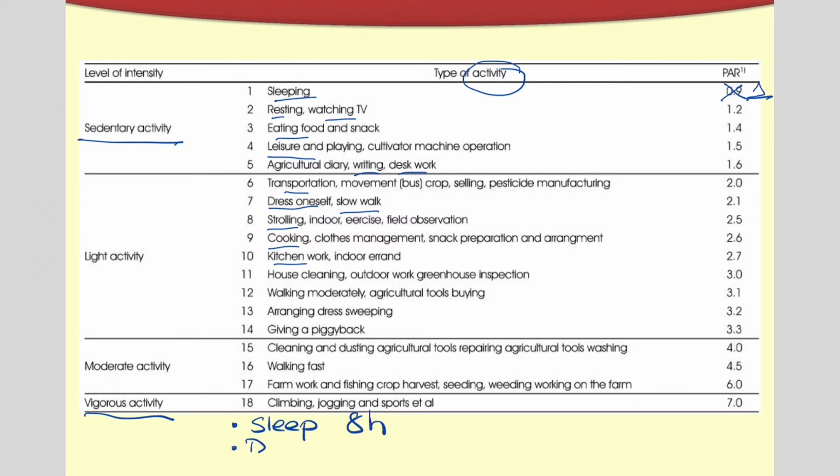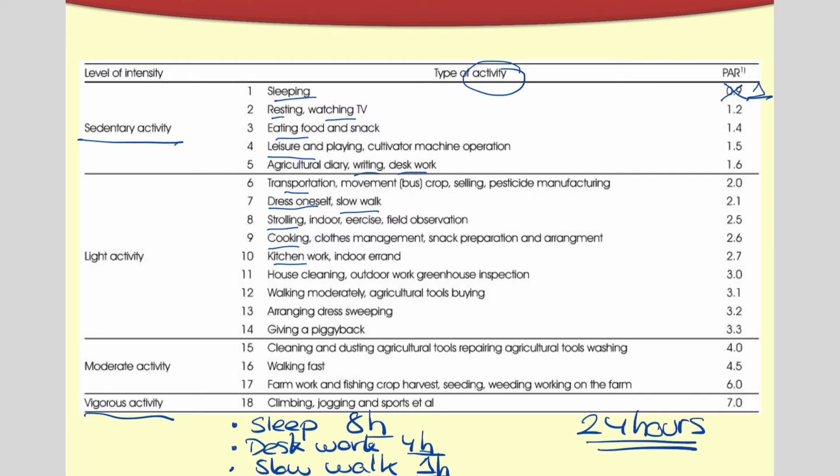I desk work 4 hours. I slow walk 1 hour. So you have to sum up all the activities you do in a day until all the time sums up the 24 hours we have in a day. This is important, because if not, you will make a mistake. All the activities you do will have to sum up 24 hours.